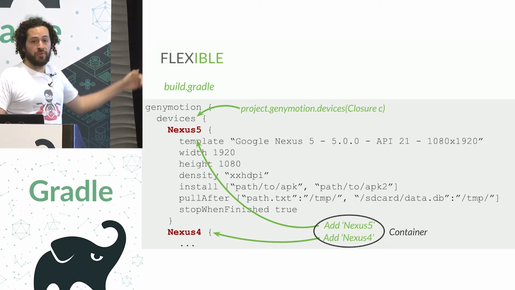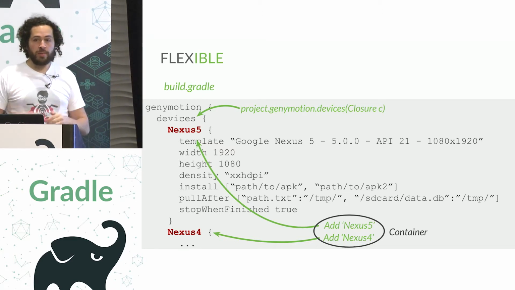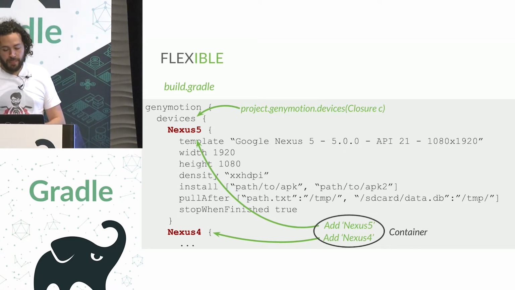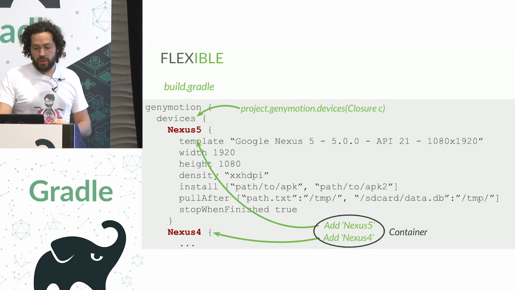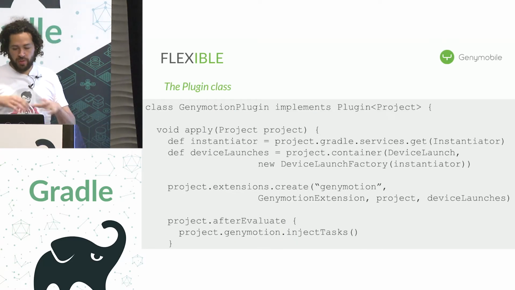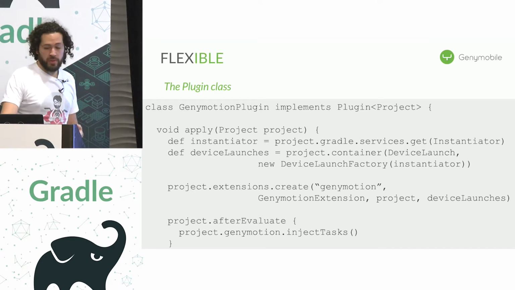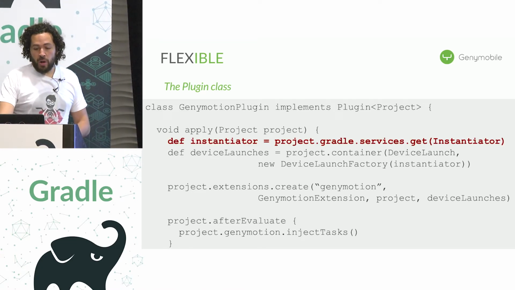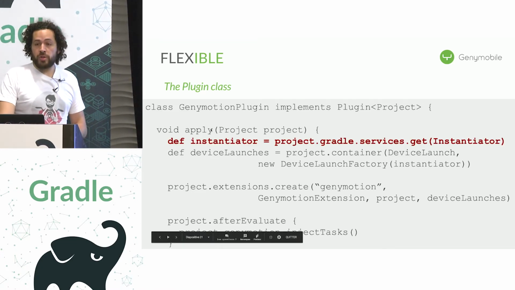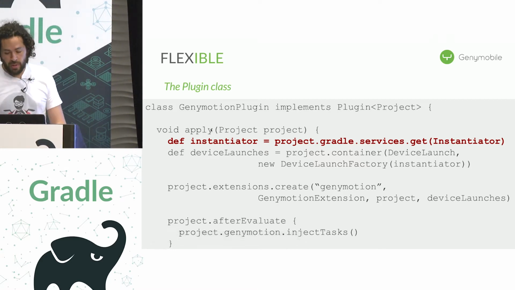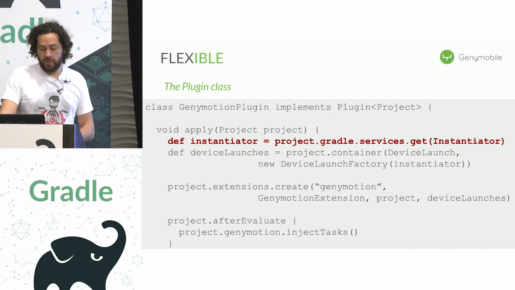When you see these kind of DSL that are flexible, let's see how you can code this kind of pattern. So on your apply project, the entry point of your project, you will instantiate an instantiator. This will be used later to create some objects you will see.